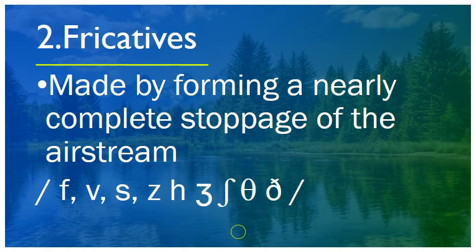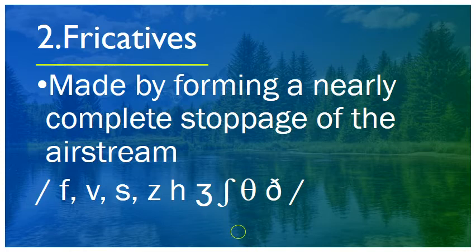The second classification of consonants based on the manners of articulation is fricative. So what is fricative? Fricative is the consonant sound that is made by forming a nearly complete stoppage of the airstream.